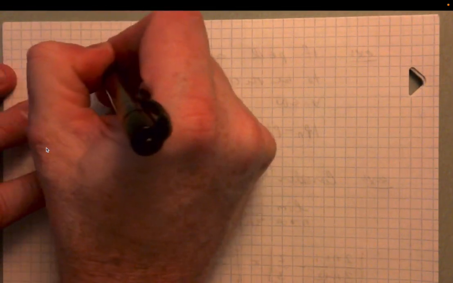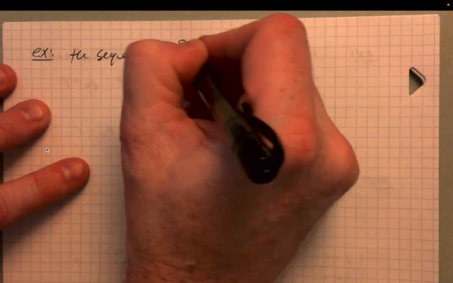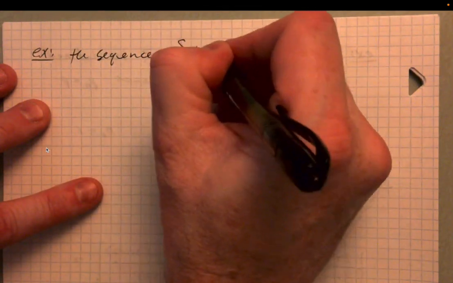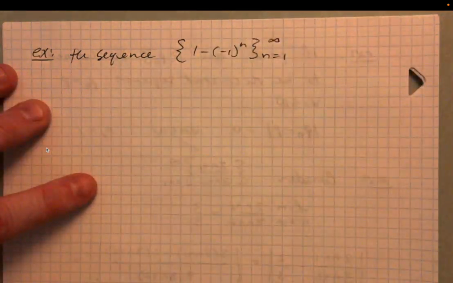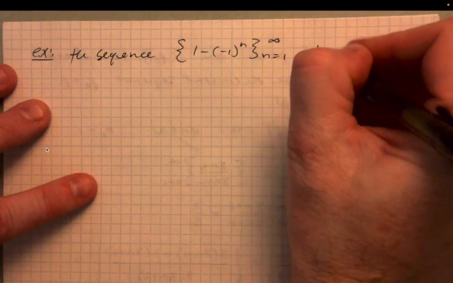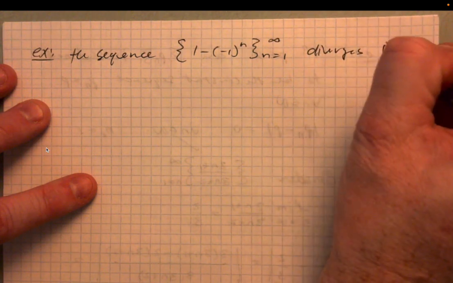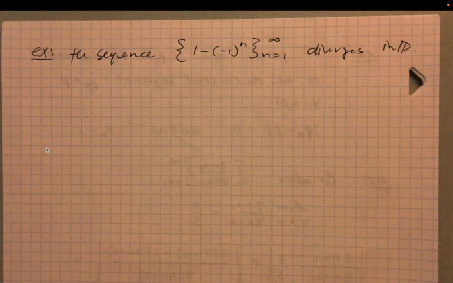What about a sequence that oscillates? So we saw earlier in the course the sequence 1 minus -1 to the nth power. The sequence diverges in R, meaning it just doesn't converge, right?